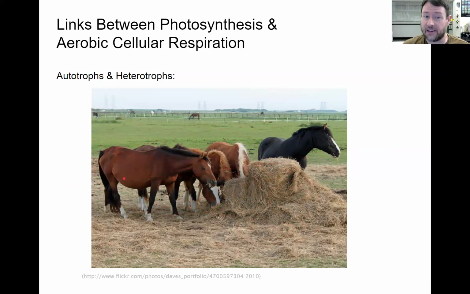So like these horses here are heterotrophs, or primary consumers would be another term we could use. And they are getting energy and nutrients by eating this hay, and they are indirectly getting energy from the sun.